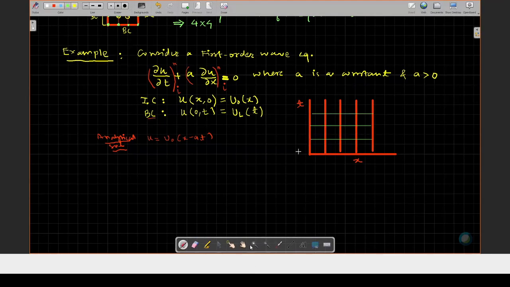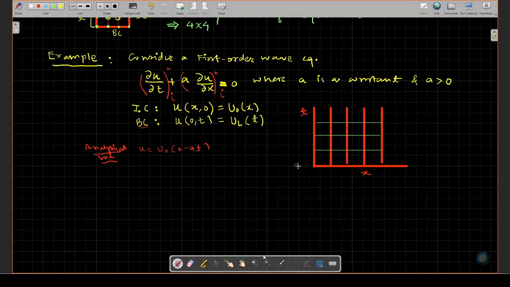Say this is n equals 0, and this is the next time level. So generally this is the nth level and this is the n plus 1th level. The n plus 1th level is unknown. To find the n plus 1 value, we are going to take the nth level values around it.